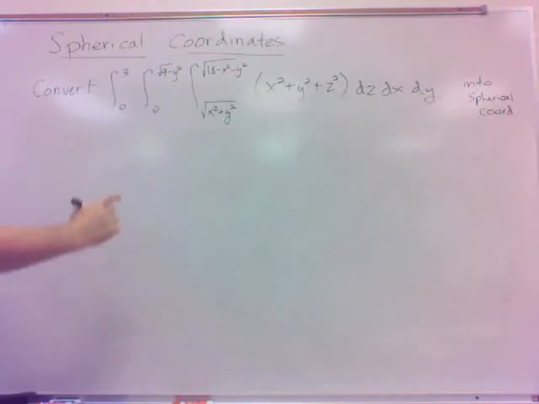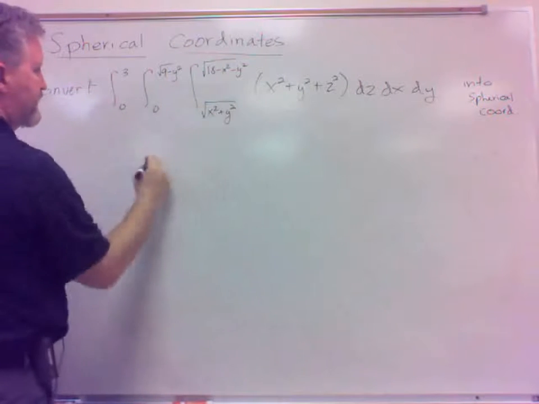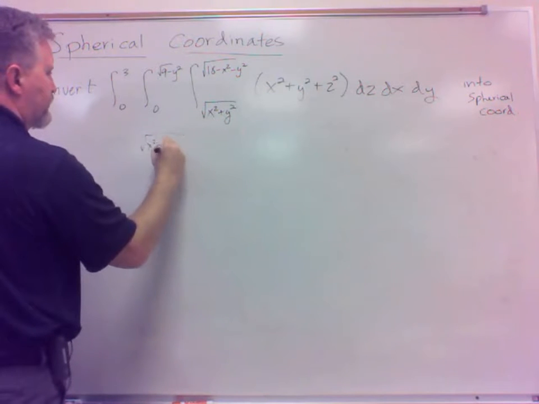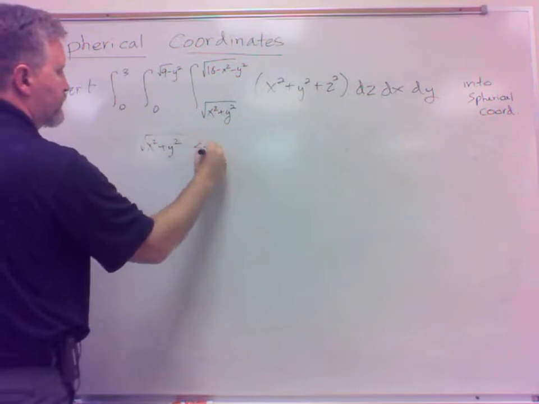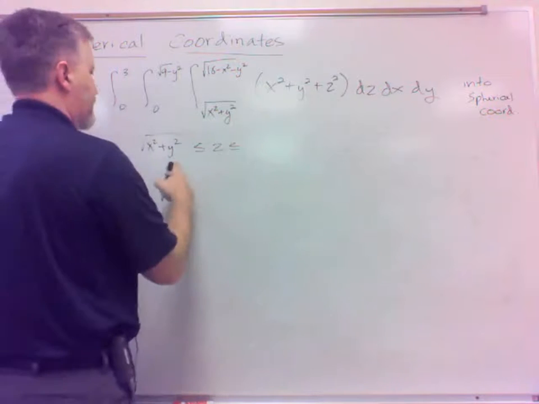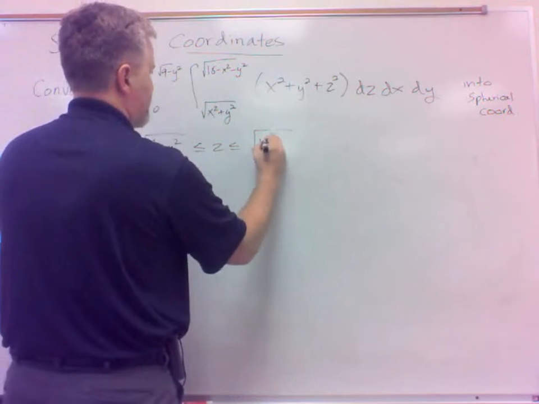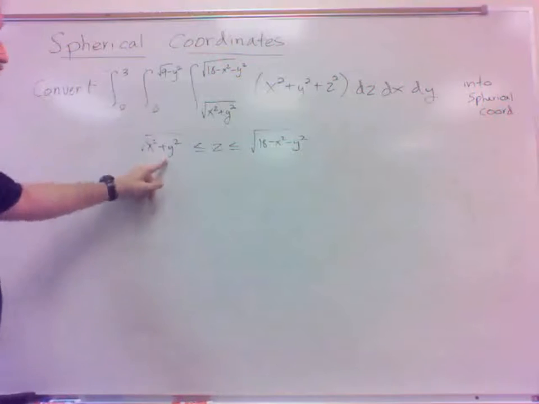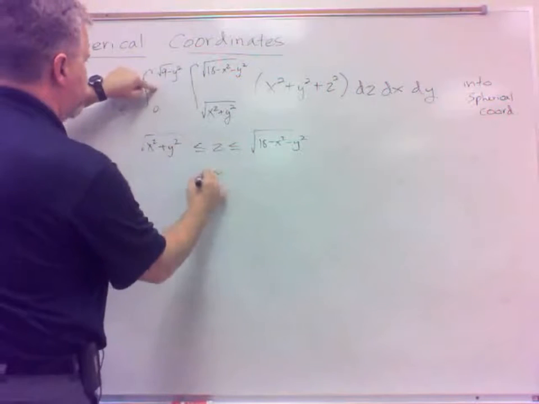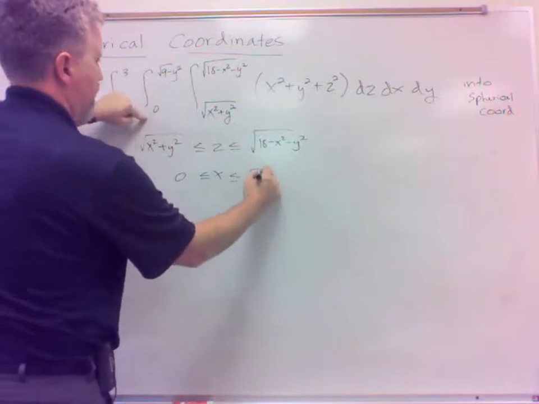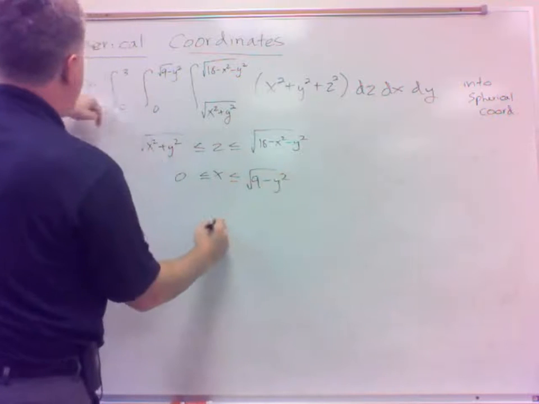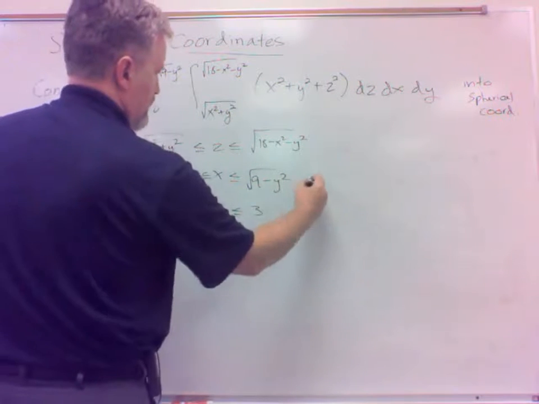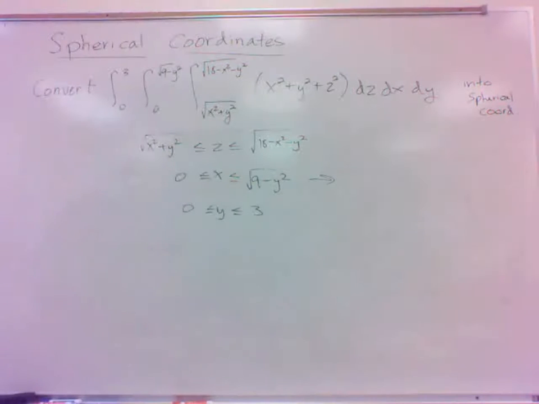Okay, so what we've got, of course, is z between these two: square root of x squared plus y squared to the square root of 18 minus x squared minus y squared. Next is x, so x is between 0 and the square root of 9 minus y squared. And then y, of course, 0 to 3. All right. So let's look at these two first.